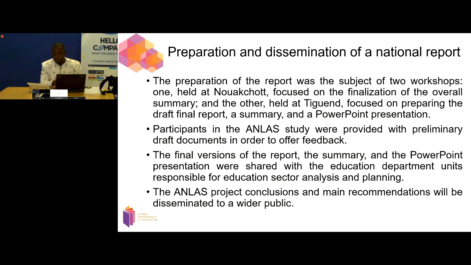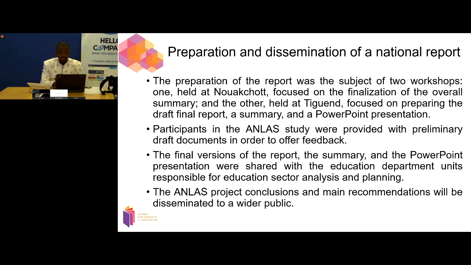So this is the last phase. It's the implementation phase for the ANLAS pilot in Mauritania. We first had to do the preparation of the report and the documents to present the ANLAS results.